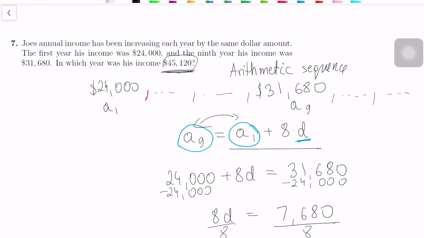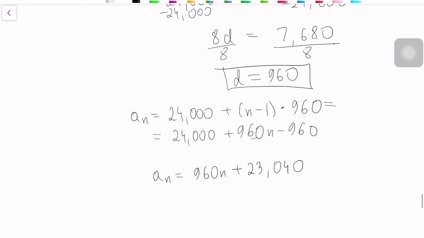That's approach 2, but sometimes it might take you a long time, especially if the number given is far away from the ones you have. So the more mathematical approach would be to find the general term formula for An, and then set it equal to the term you're trying to figure out, in this case 45,120, and solve for n.